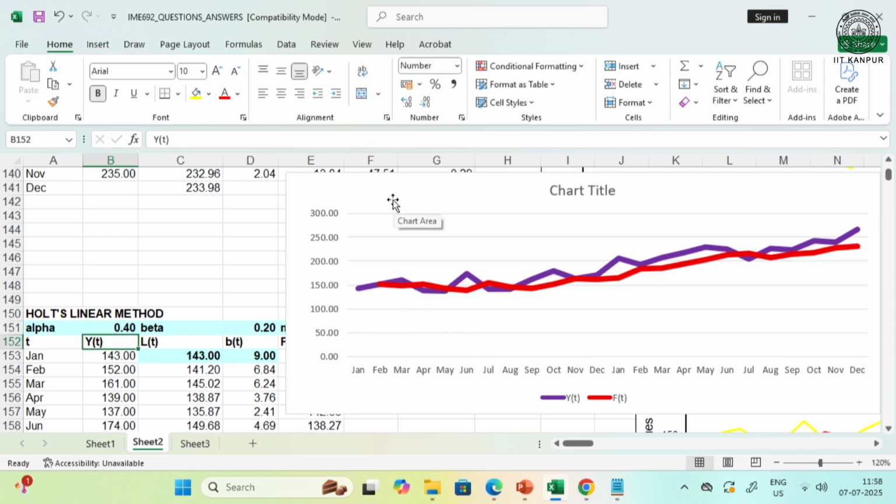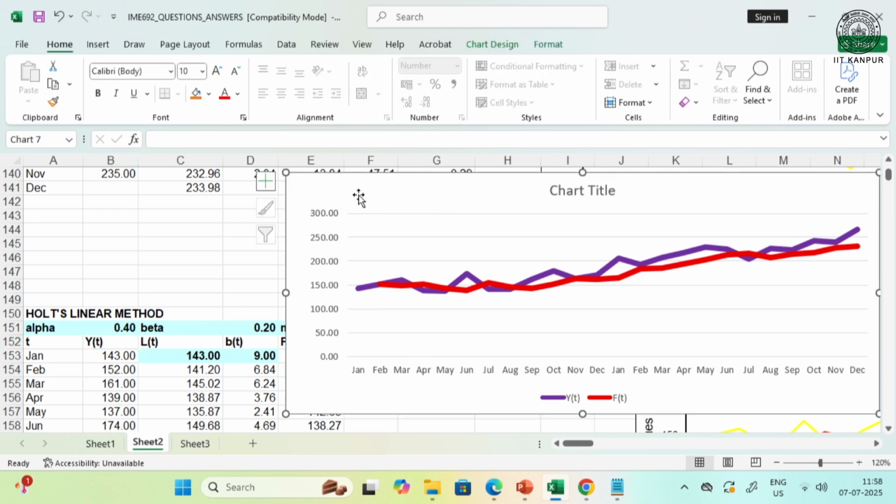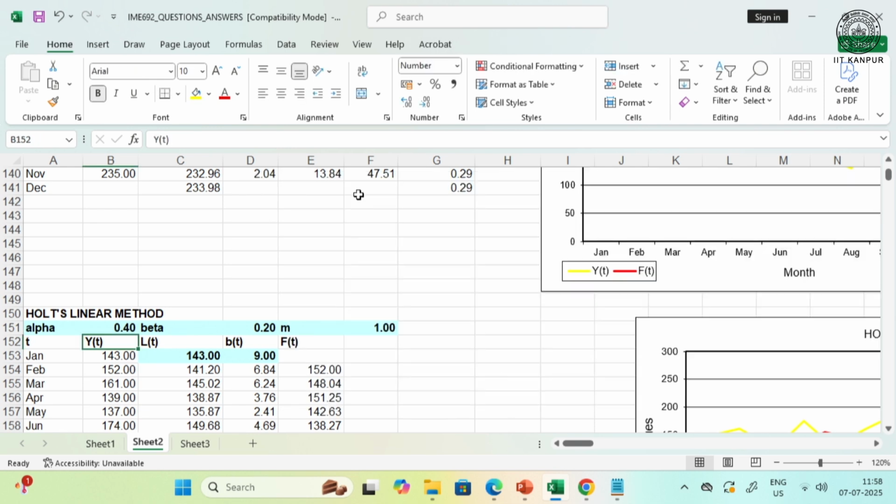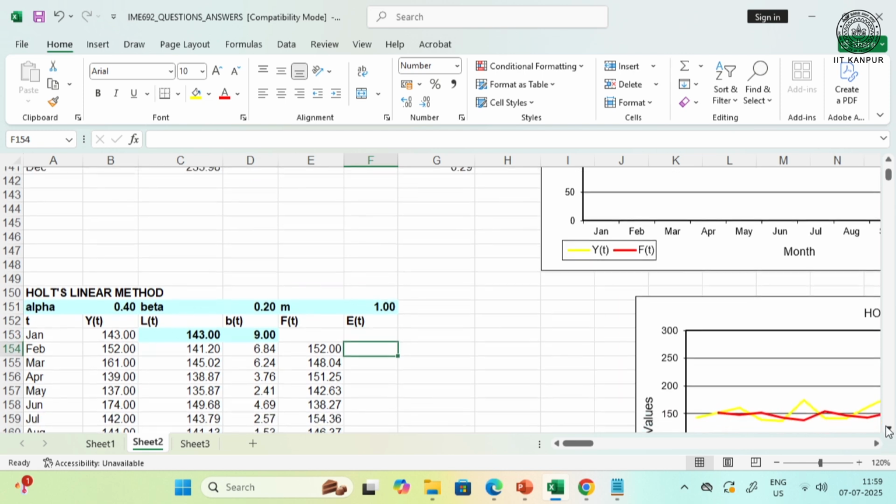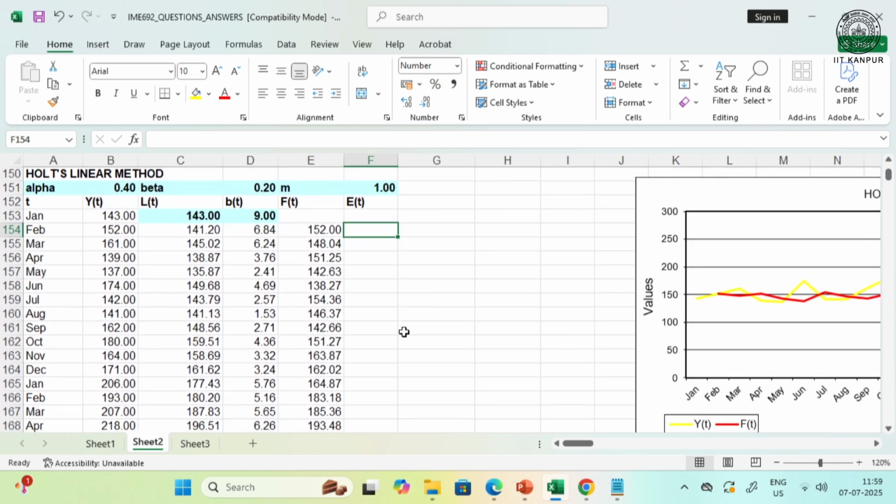Now, what values of alpha and beta would you take? So, I will delete this graph. I will take the error, and the error is basically the difference between the actual value minus the forecasted value.